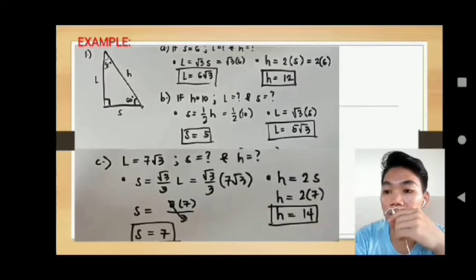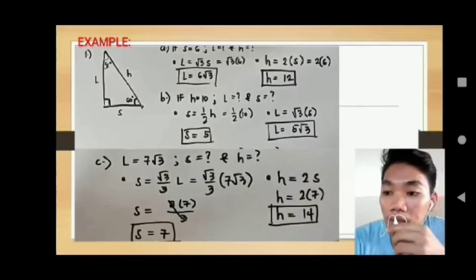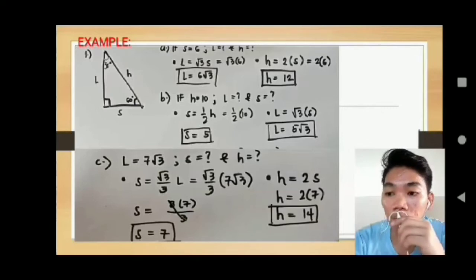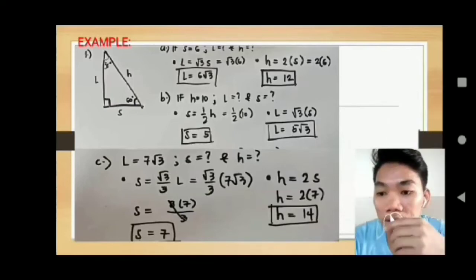So, 1/2 times 10, yung hypotenuse natin is 10, so magiging 5. Then, sa leg naman natin, L is equal to square root of 3 times the shorter leg. Yung shorter leg natin is 5, so square root of 3 times 5 is equal to 5 square root of 3. Yung sagot niya.